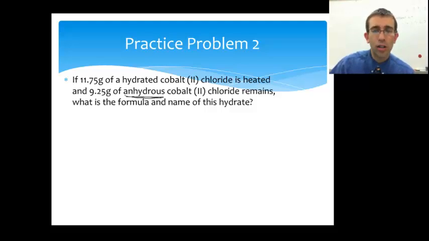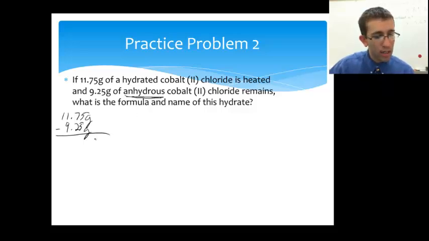It's all gone. So the first thing we're going to do if we get a problem like this is that we know the grams of the compound when it's hydrated, and we know the grams of compound when it has no water. So what I want to do is find out, well, how much water came out of this. And what I can just do is subtract my anhydrous from my hydrate.